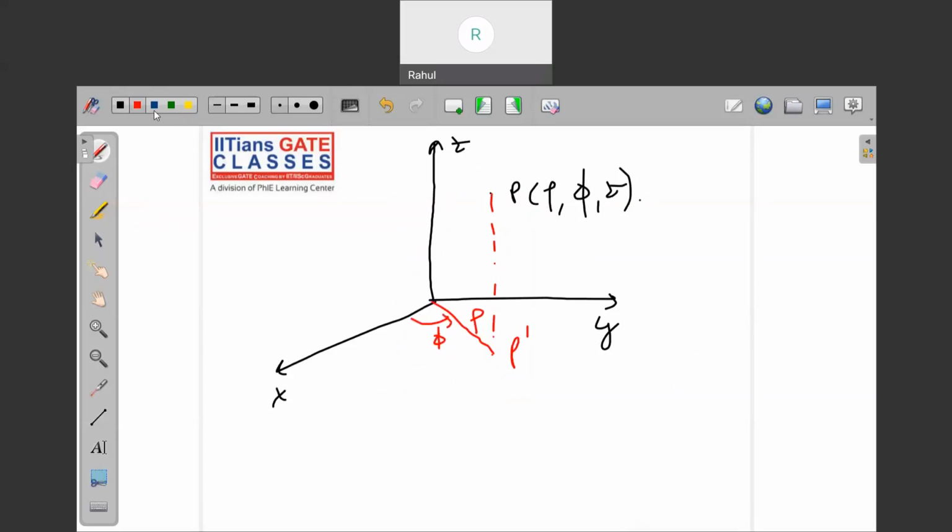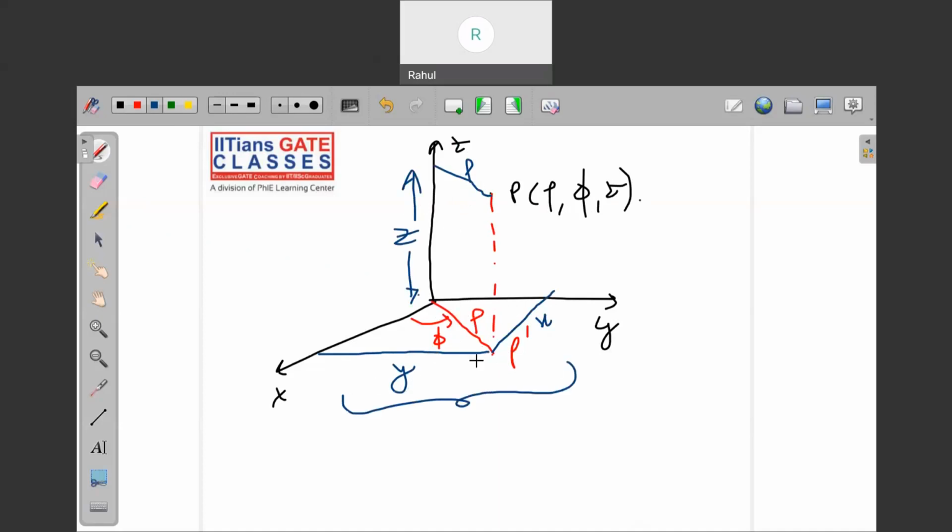From this P dash you can draw the perpendicular here. So this is y, and this is x. Now we can find the relation. This is rho and this is z. We can take the two-dimensional xy plane and analyze it, because the relation between rho and phi we can get from this plane.